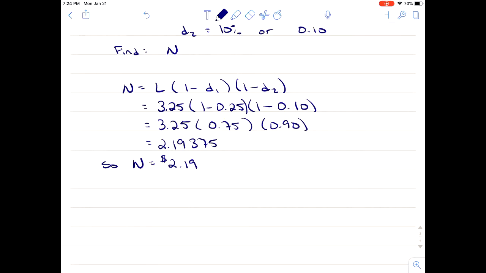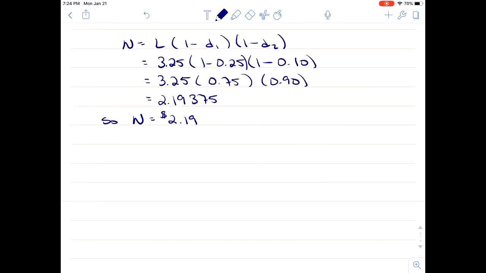I'm just going rogue here. What would the net price be with a single discount of just 35%? Just to compare the two.